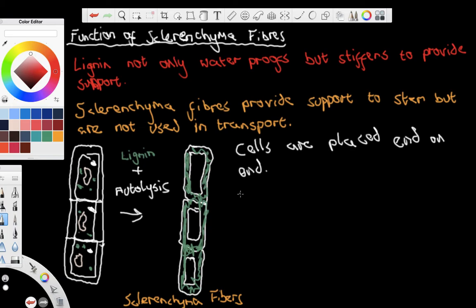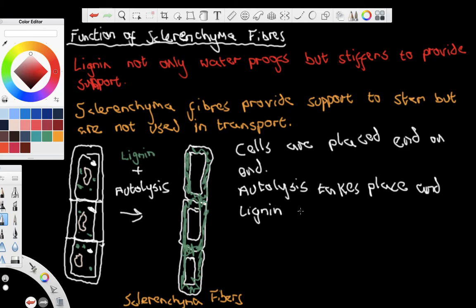full stop. Autolysis takes place, and lignin added to the walls, but the end walls are left in place.